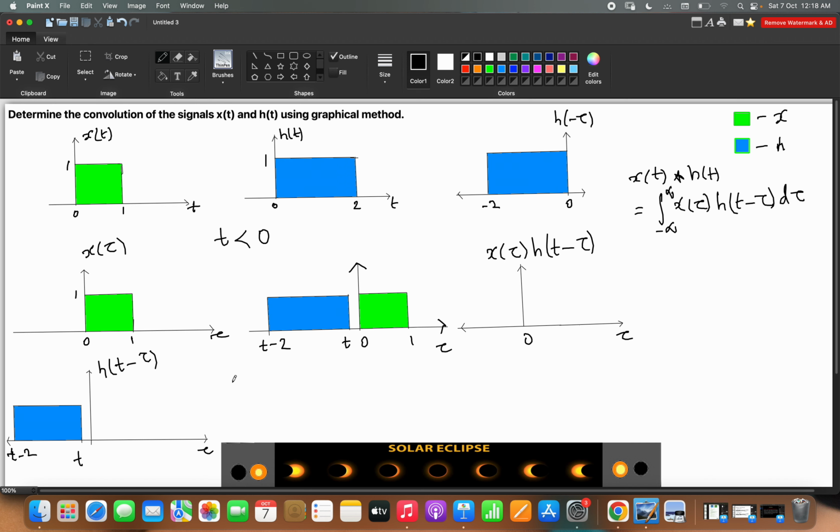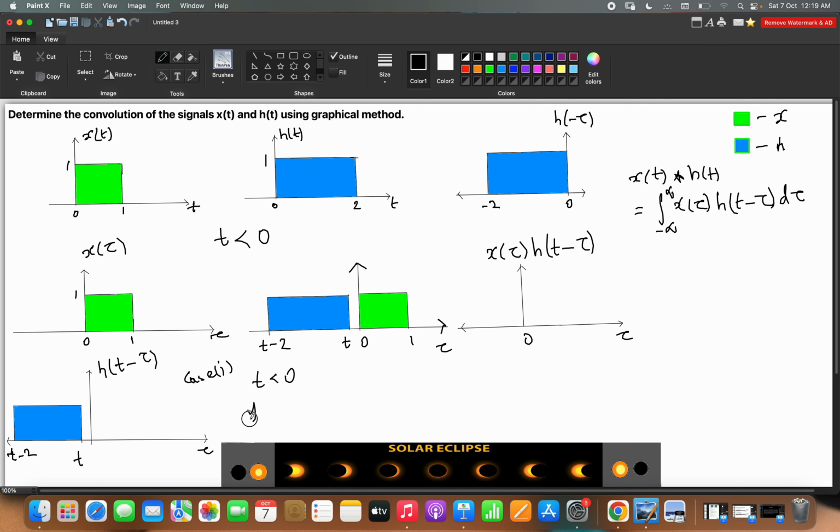So first we are considering the t range. T is lesser than 0. Let us consider this as case 1. t is lesser than 0.